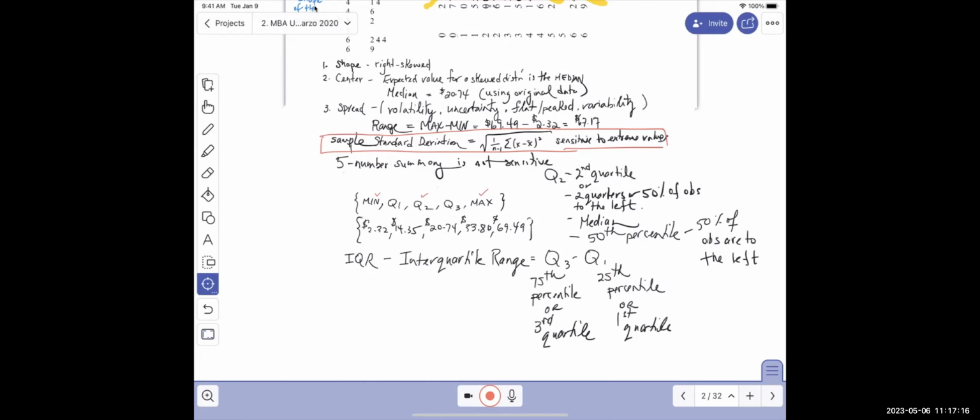So what's Q3 minus Q1? Take this figure here, this number, and subtract.